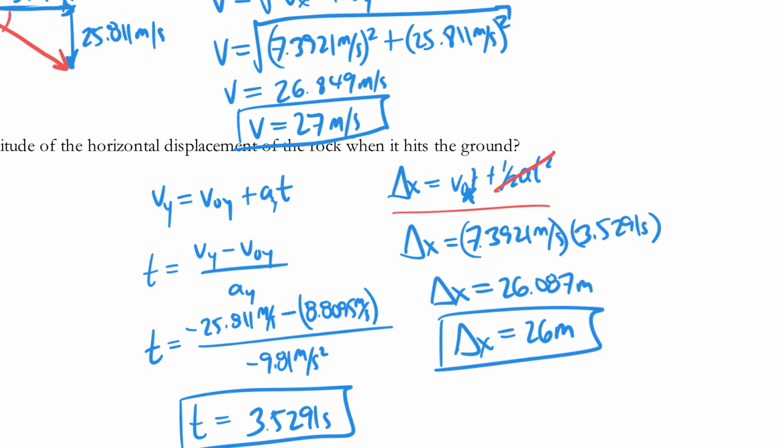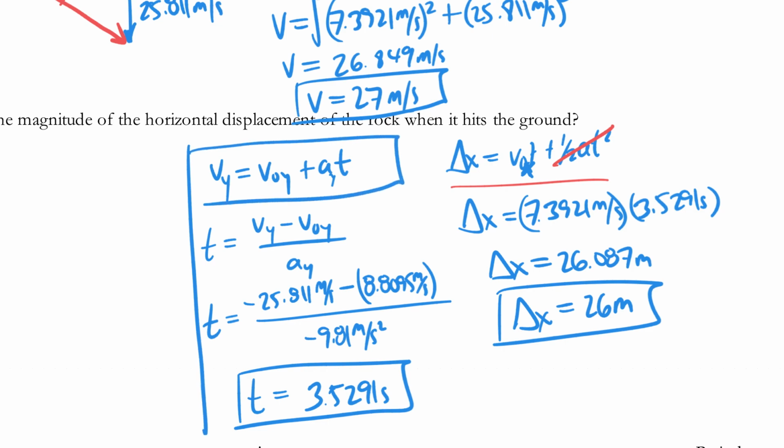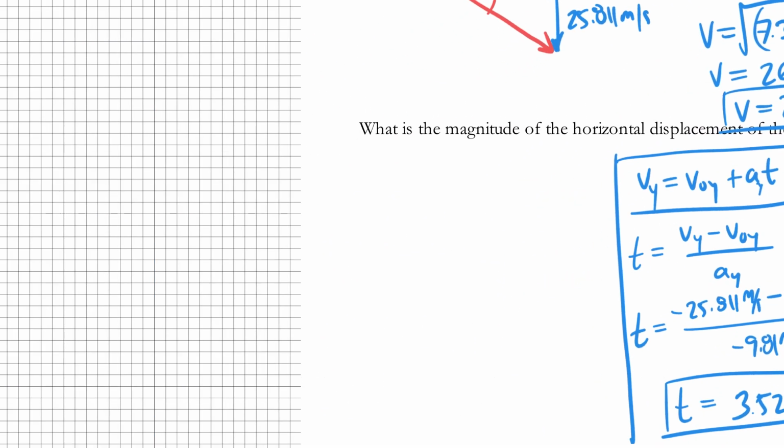I will note that there were 2 ways to get time. This is the easier way. The harder way would be to have used this equation, delta y equals v naught y t plus 1/2 a t squared. I'll plug in the numbers so you can see it.